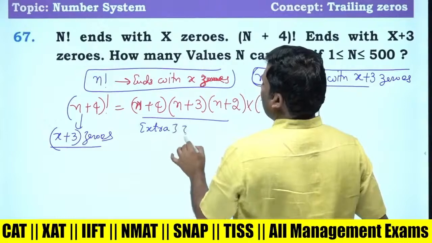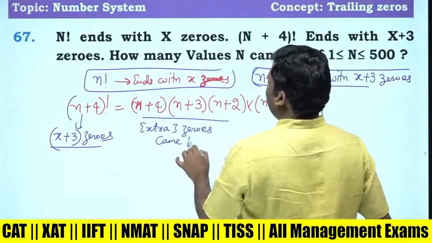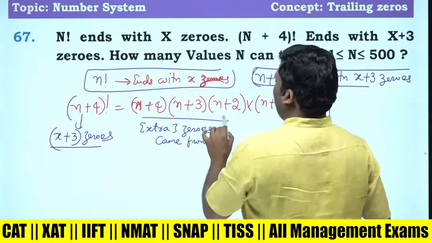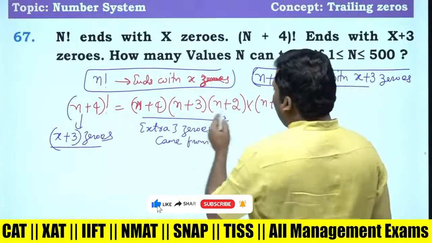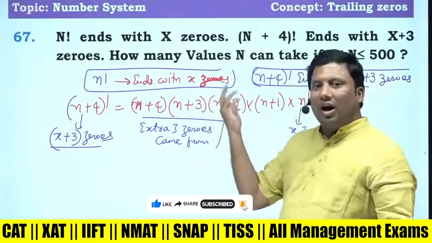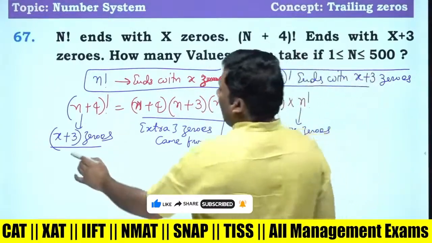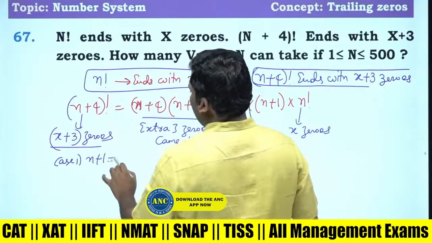Extra 3 zeros came from above. Am I right? So the extra 3 zeros came from either n plus 1, or n plus 2, or n plus 3, or n plus 4. So case 1: if n plus 1 is 125.